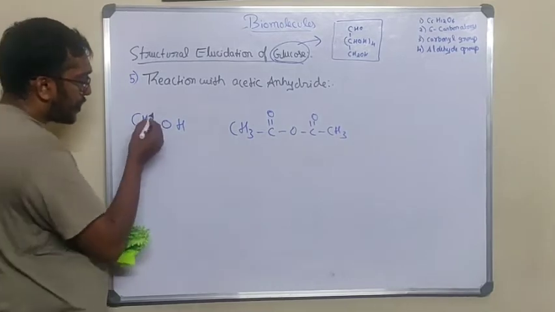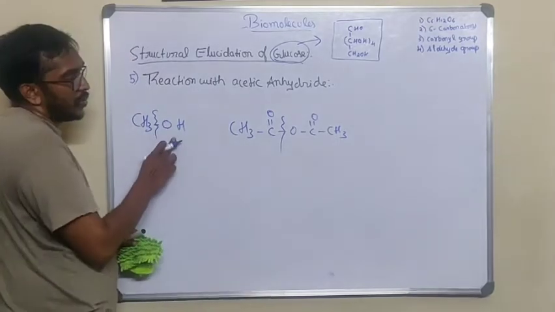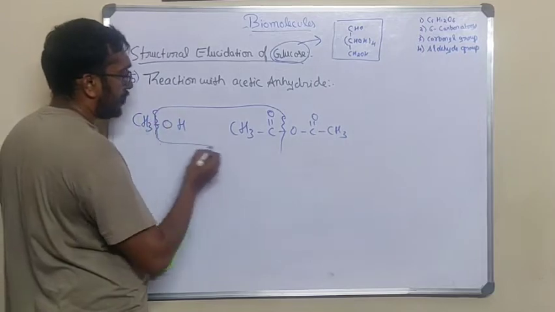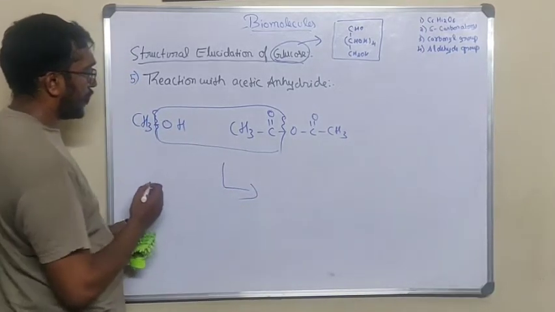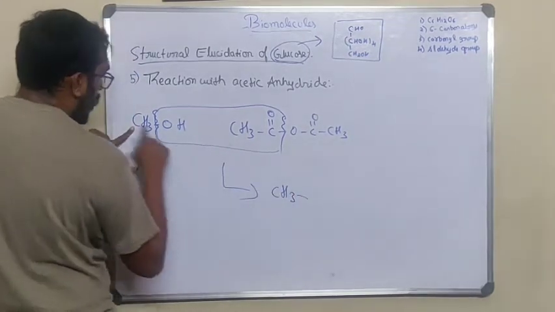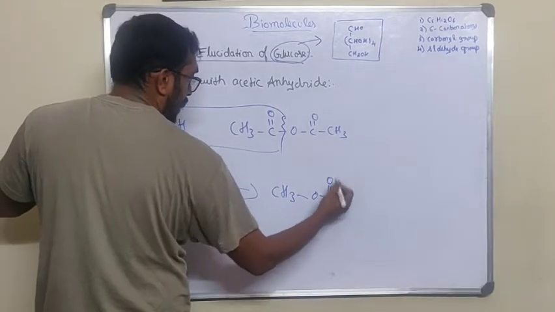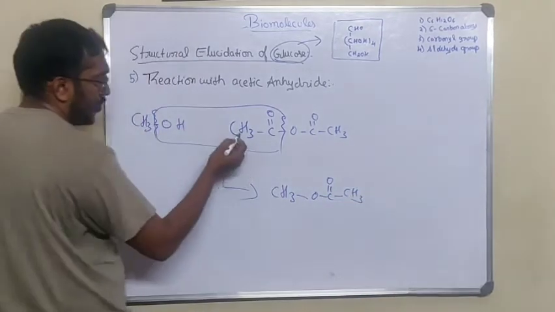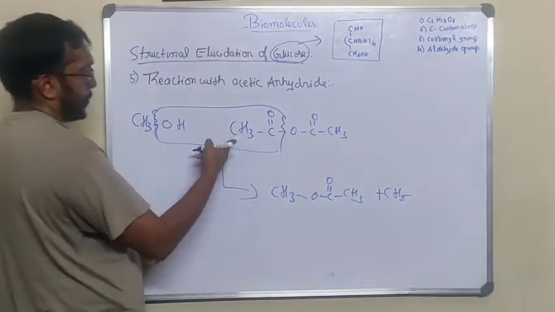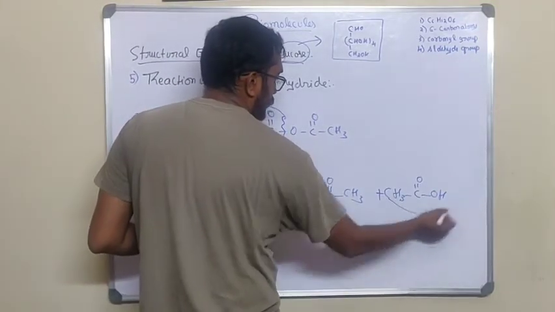So what is going to happen here? Here there is breakage of a bond. So OH minus, this O minus, is going to combine now. What is the product we are going to get here? CH3 bond O bond C double bond O bond CH3, and also one more product here, CH3 bond C double bond O OH.